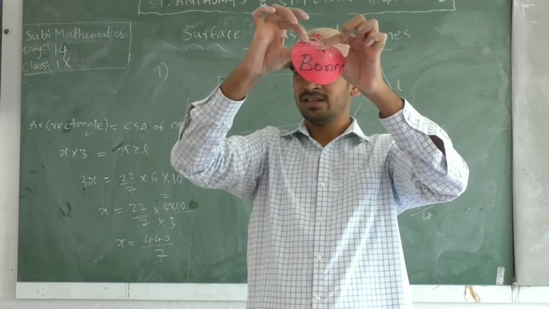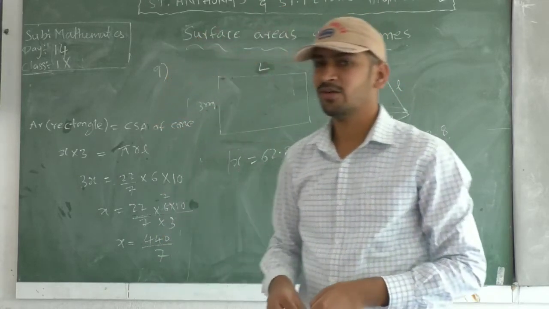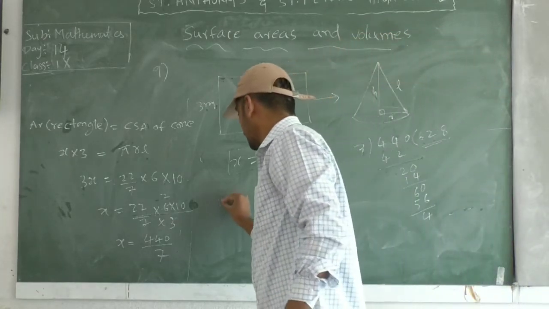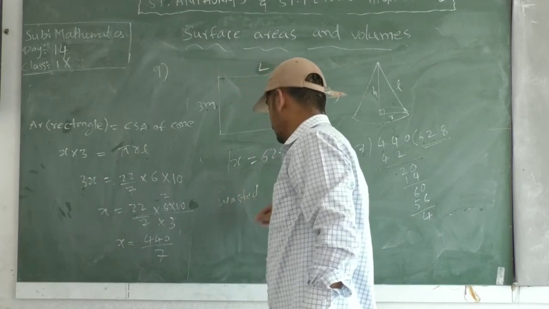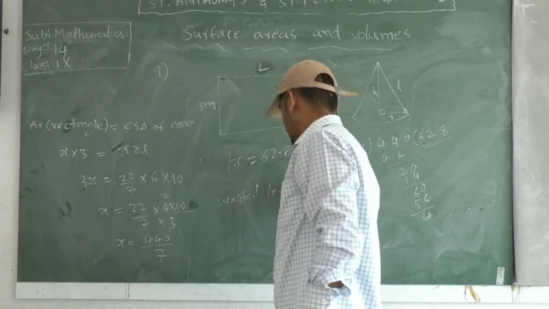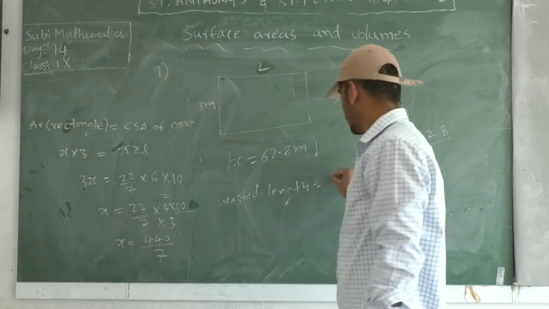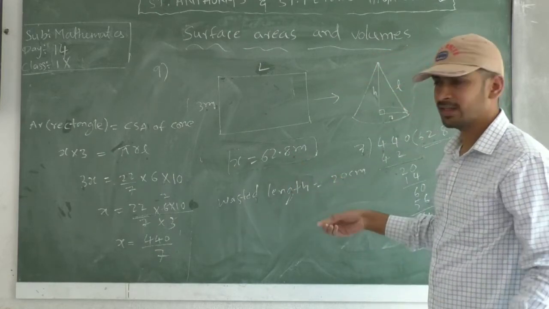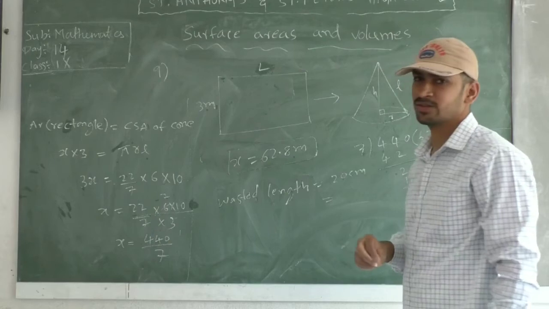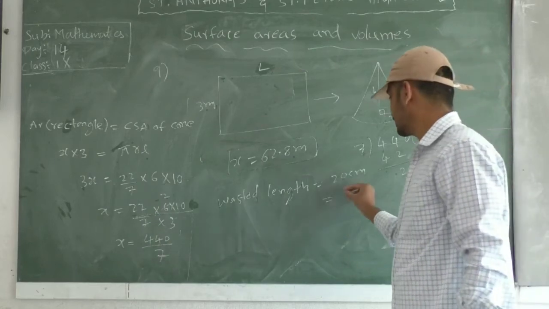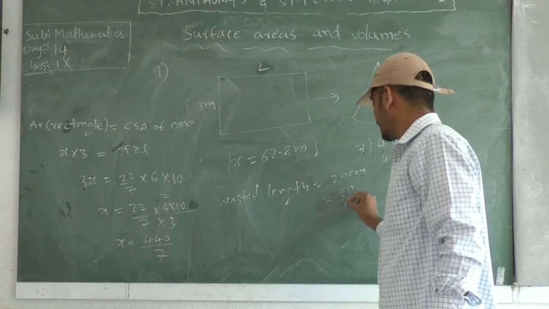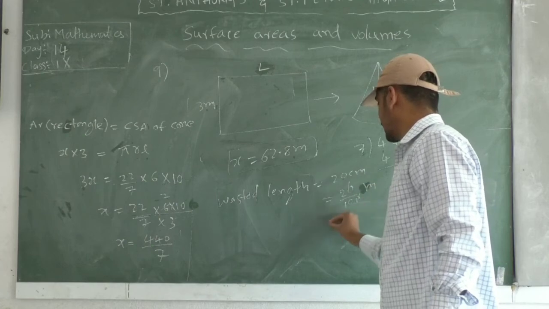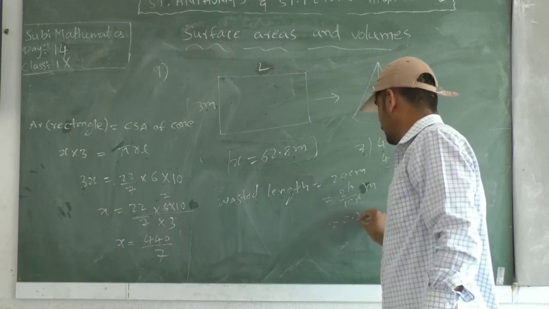This small portion is wasted, and it is given as 20 centimeters. Here we have meters and there centimeters, so convert to meters. 1 centimeter equals 1 by 100 meters, so 20 by 100 is 0.2 meters.